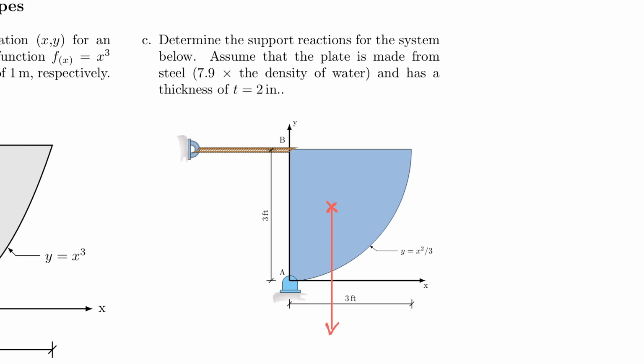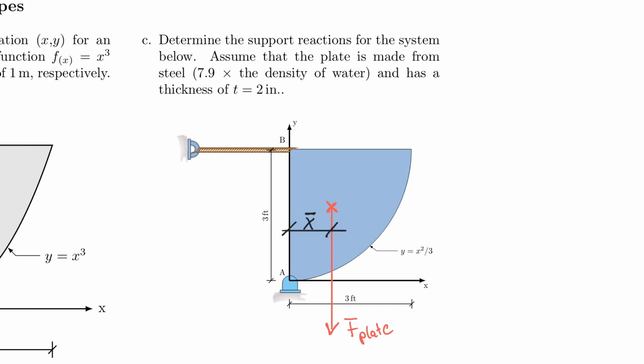Once you would know what the force of the plate is, I'm going to call that force F plate, and you were to know the distance that the centroid location, or the center of gravity in this case, has to the y-axis, let's call this here x bar for now, then I could calculate all my support reactions.